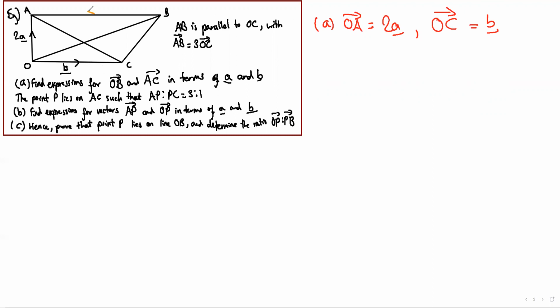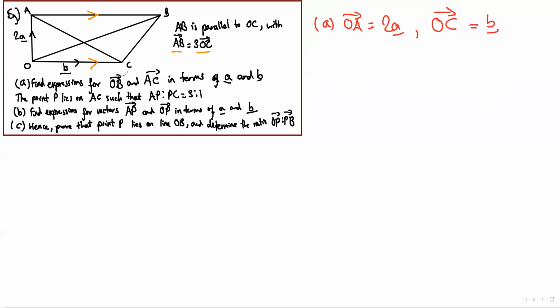We can show that AB is parallel to OC, like that. And we know that they're parallel because OC is a multiple of AB. And you can see that AB is 3 times the amount of OC, because you need 3 OCs to get an AB.